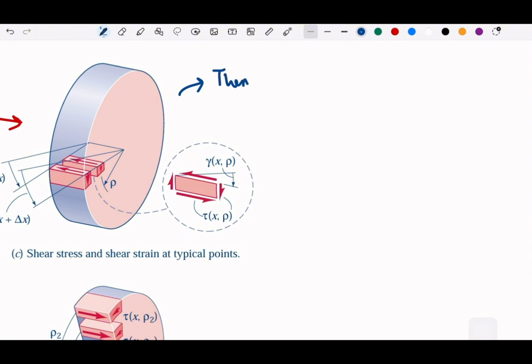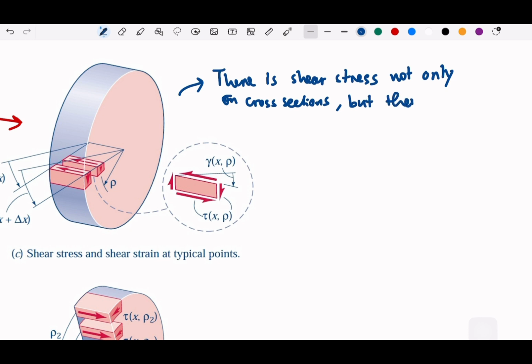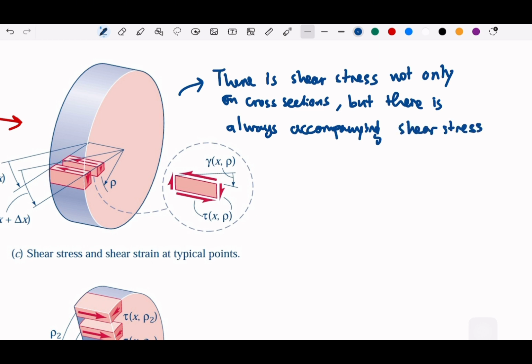There is always shear stress not only on the cross section, but also another shear stress that acts on the radial planes.